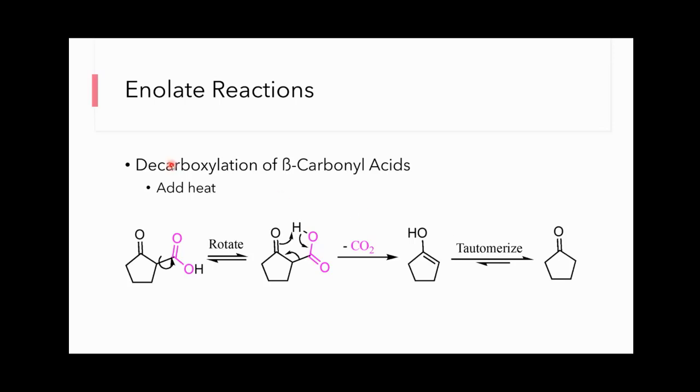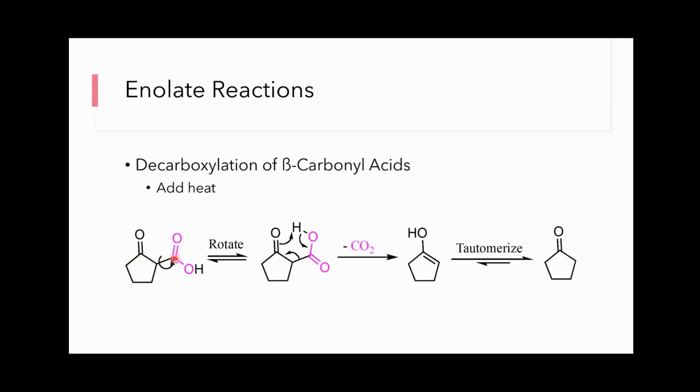But another reaction is decarboxylation. So basically, you remove carbon dioxide. You only do that when you have this carbonyl, and it's what's called the beta carbonyl acid. So the beta carbon is two carbons away from the carbonyl. This would be alpha, this would be beta.